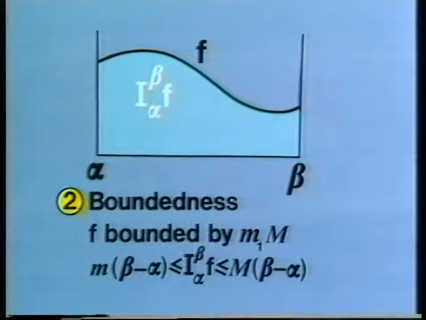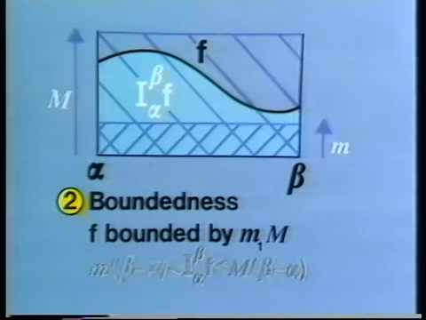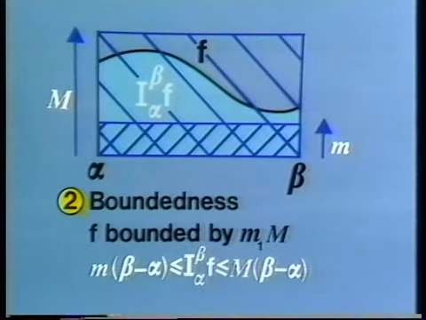The boundedness axiom says that the value of the integral function on alpha beta fits between the areas of two rectangles of heights little m and capital M, one above the graph and the other below, where little m and capital M are the bounds of f on the subinterval alpha beta.